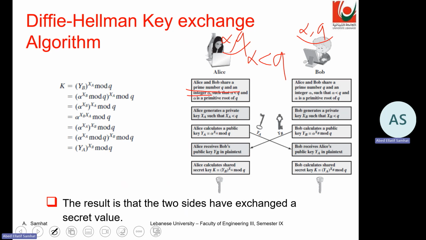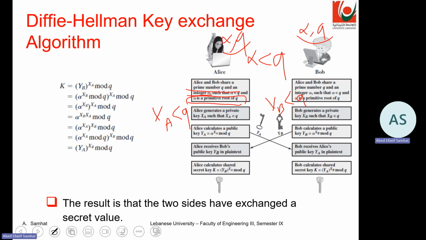Alpha is selected such that alpha is a primitive root of q. Alice will have a private key XA, the secret key of Alice, such that XA is less than q. Bob also will select a secret key XB such that XB is less than q.